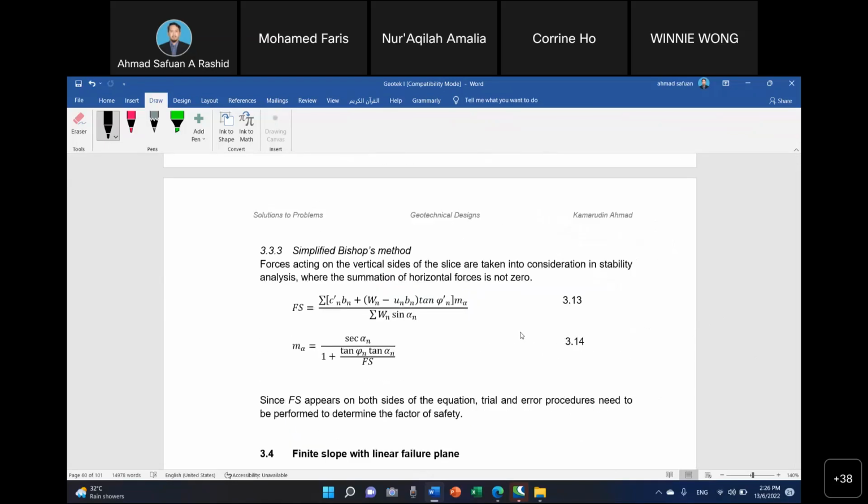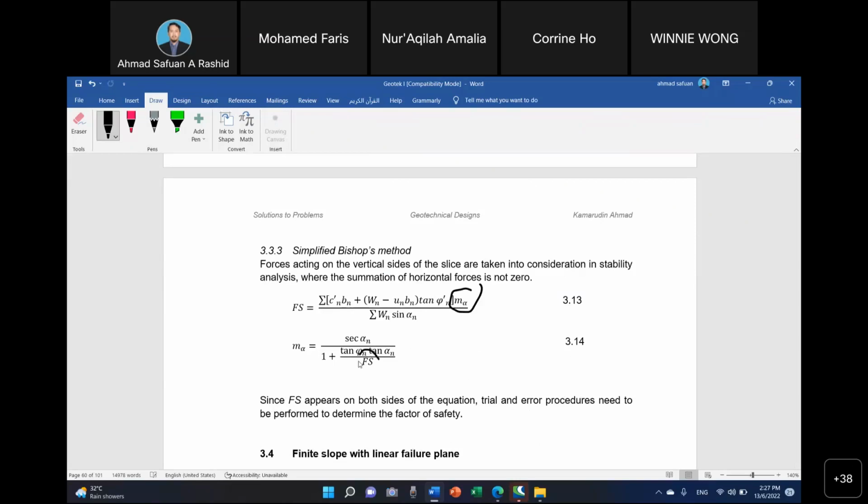Then we look at the Bishop. Forces acting on the vertical of the slice are taken into consideration in stability analysis, where the summation of the horizontal force is not zero. So that is the assumption made by Bishop. From there, Bishop came up with the equation, where they have an m alpha value.